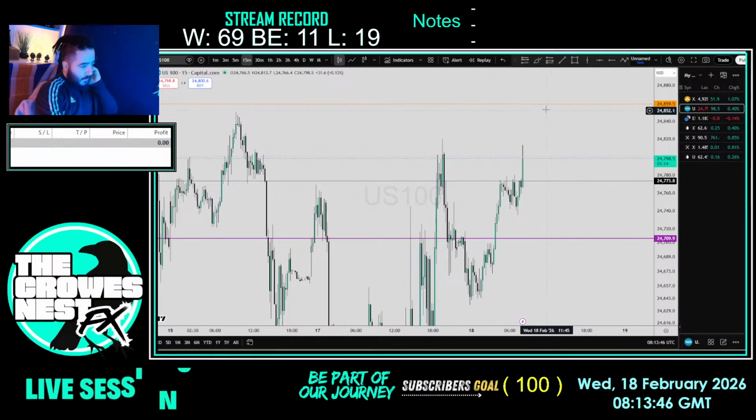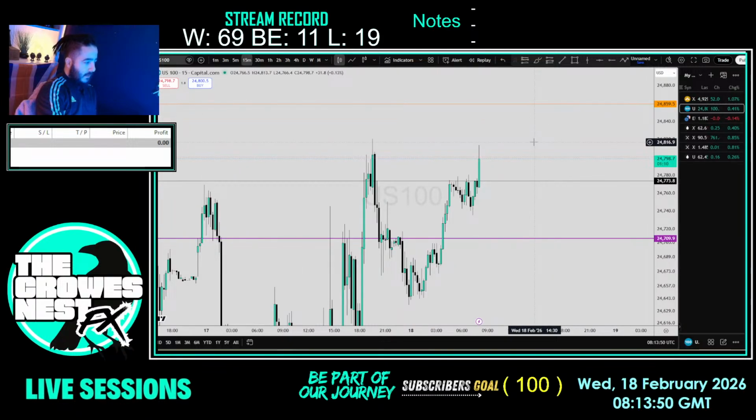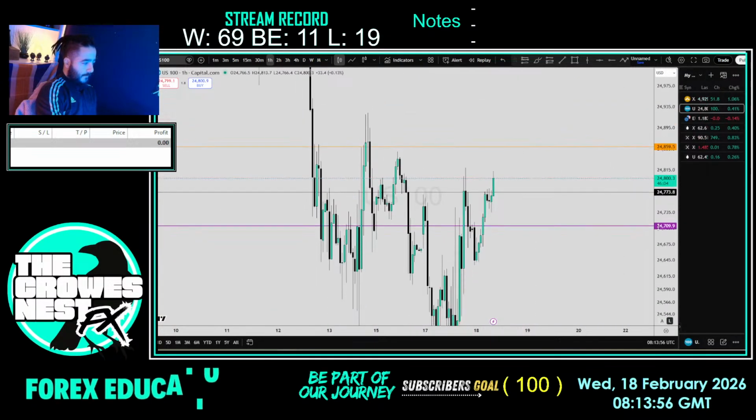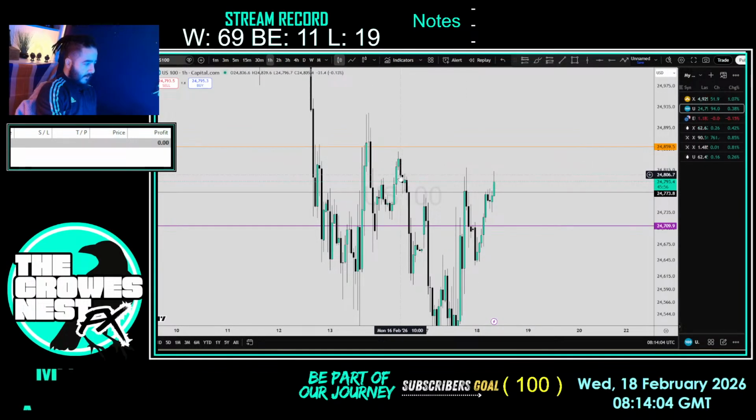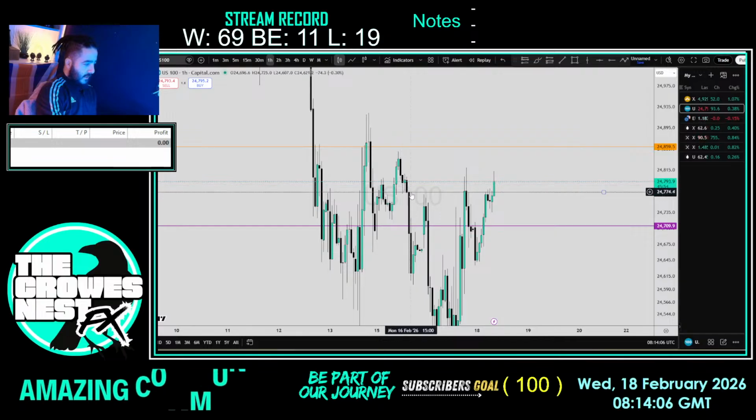Okay, we've got a potential wing back sell from here off the 1 hour. But the 1 hour can close up here. So if the 1 hour keeps pushing for us, the first bearish 1 hour will then take that back down.